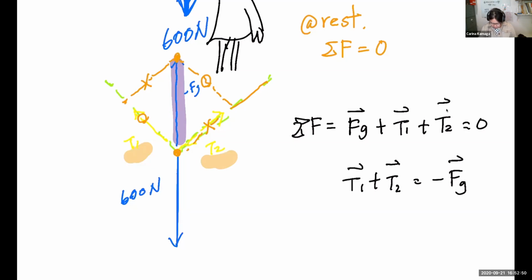Now we can say T1 is this much, and T2 is this much.